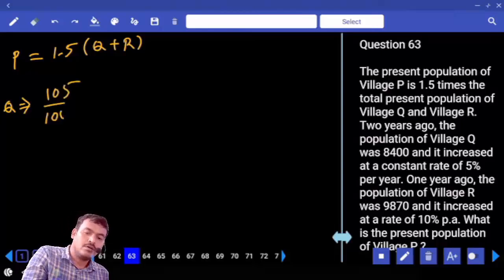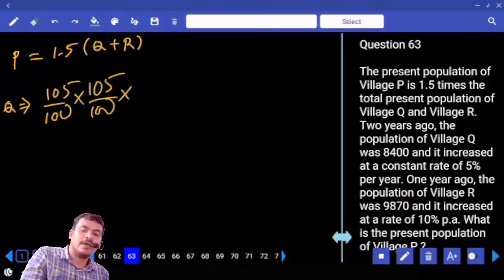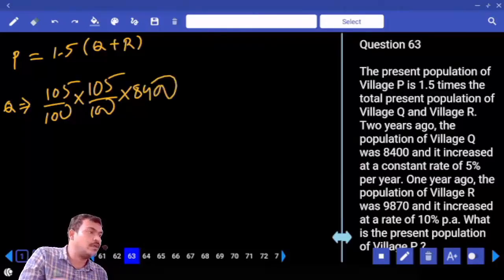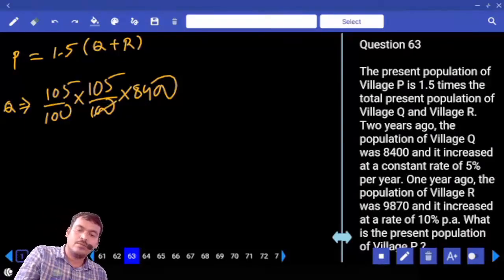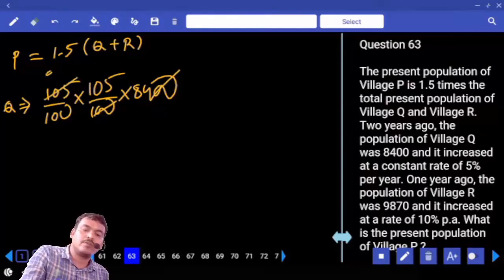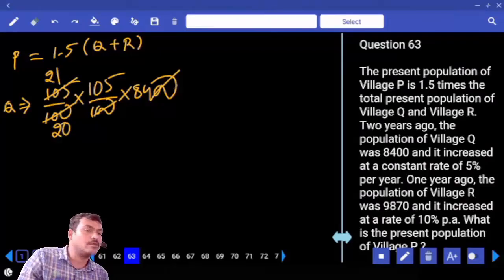Then for 2 years, 105 by 100 into 8,400. It is the Q present value. Numerator 2 zeros, denominator 2 zeros are cancelled. 5 times 21 is 105, 5 times 20 is 100.